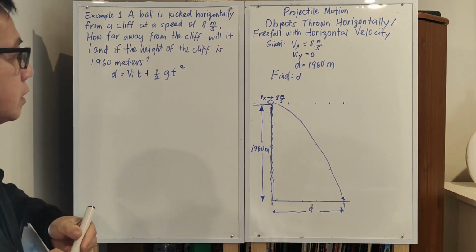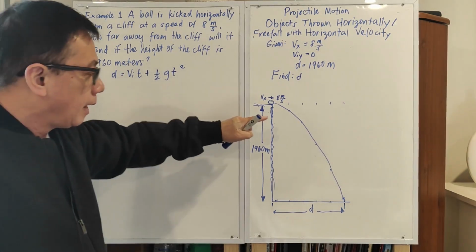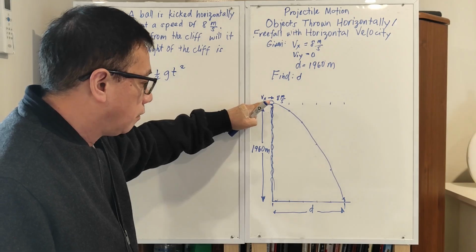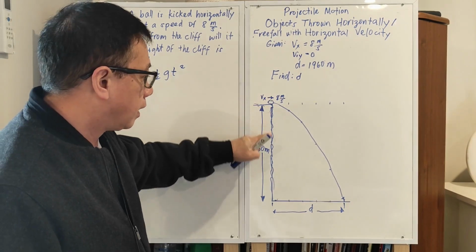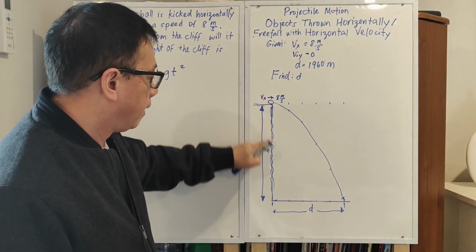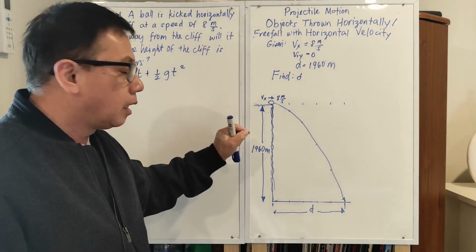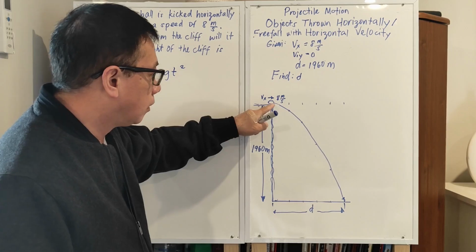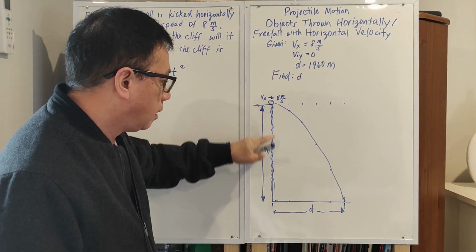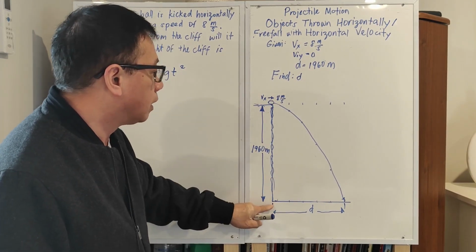So we will need to first compute the vertical distance, this distance, to see the number of seconds that it will fall from this point to this point.